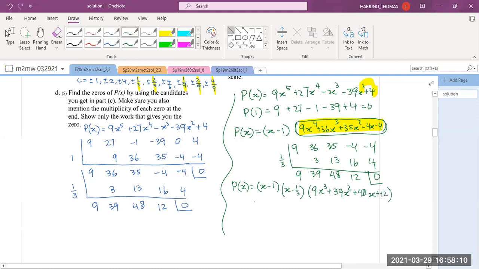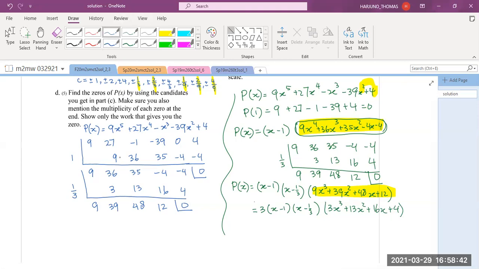You see what I mean? And we can factor the 3 out. Do you see that? We have common factor 3. Let me factor that 3 out. So if I factor 3 out, I get 3x cubed plus 13x squared plus 16x plus 4.